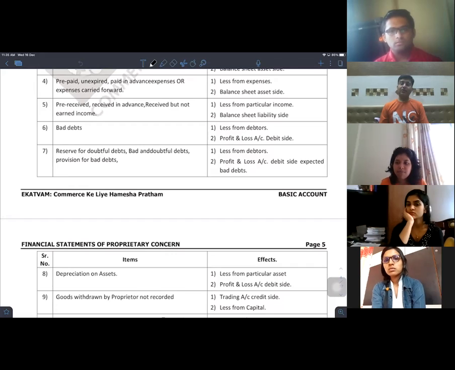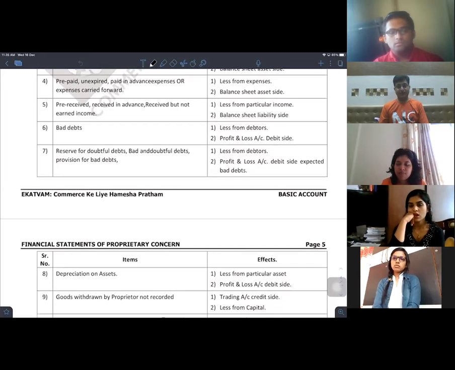And that's why it may be called prepaid expense. That may be called expense paid in advance. That may be called expenses unexpired. Unexpired means what? Insurance premium दिया, उसका benefit अभी भी मिलना बाकी है. So insurance premium in that case will be called unexpired insurance.